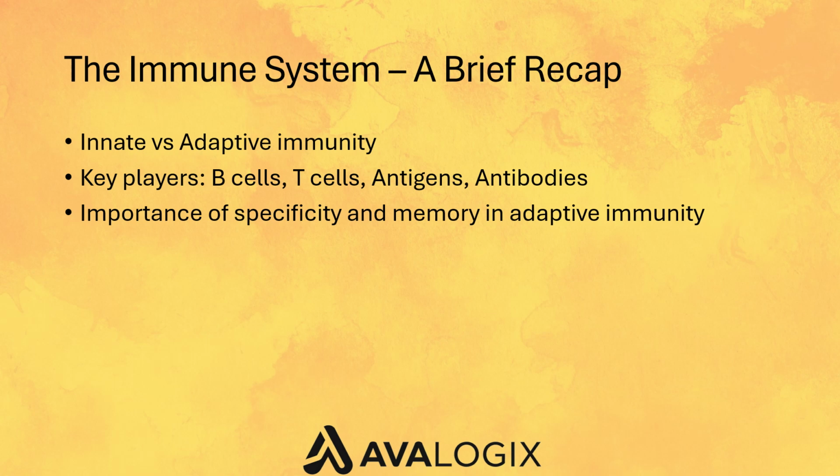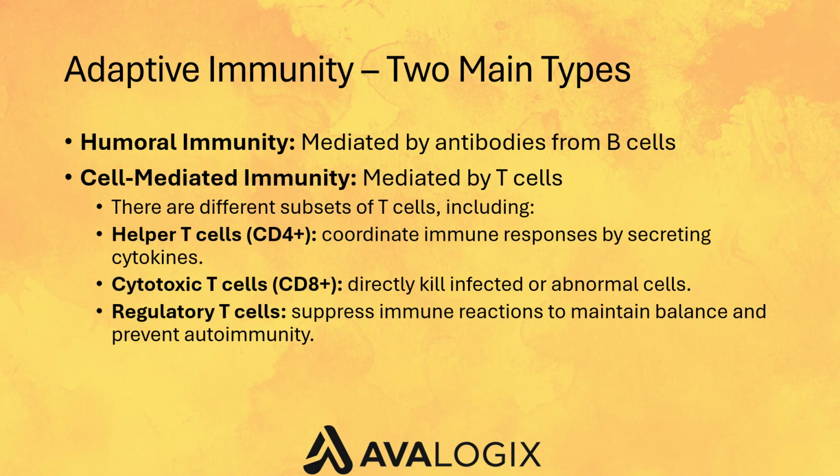Adaptive immunity divides into two main branches, humoral and cell-mediated immunity. Both have distinct but complementary roles. Humoral immunity involves B lymphocytes that circulate in blood and lymph, producing antibodies, specialized proteins that bind to antigens on extracellular pathogens or toxins.